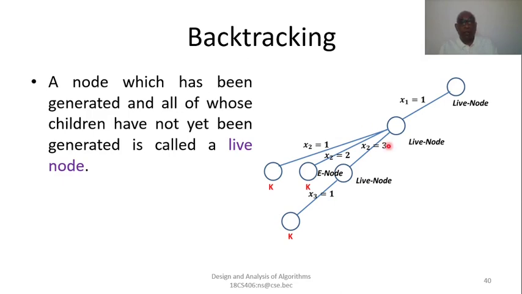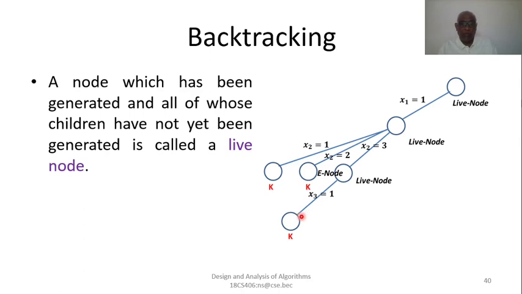Let's try to identify what is meant by a live node. A node which has been generated and all of whose children have not yet been generated is called a live node. Let us take a snapshot of the backtracking problem which we have solved previously. This is one snapshot of the problem where we have created the node corresponding to x3 equal to 1 and killed that node.